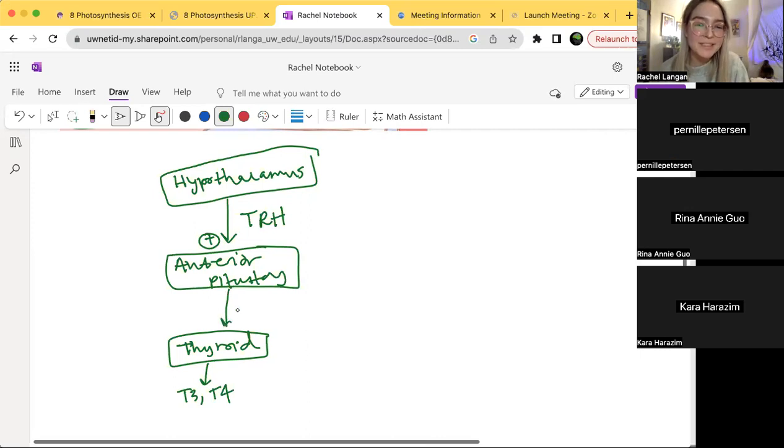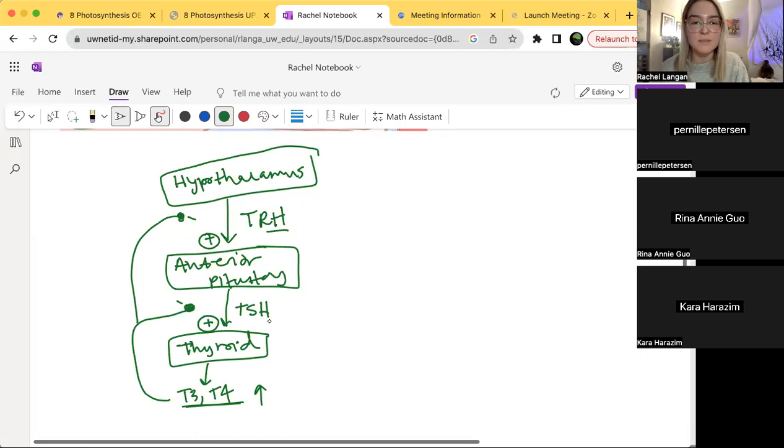And the anterior pituitary releases TSH, which positively activates the thyroid to release T3 and T4. And then these outputs of the thyroid, they inhibit the anterior pituitary, and they inhibit the hypothalamus, which is negative feedback. It basically means as the products get high in concentration, the signals that cause them to be made are going to be turned off so that we never get those levels too high.